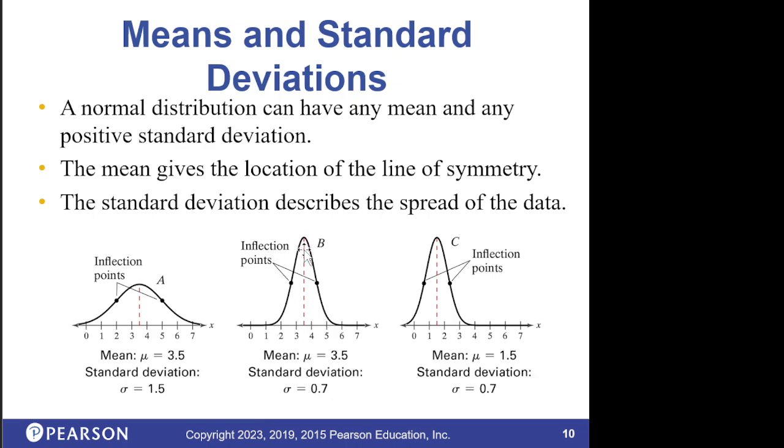So this curve narrows. It's not as wide. We can think of the standard deviation as describing the width. We talked about some of this in Chapter 2 when we did descriptive statistics. Here we have the same standard deviation as this normal distribution, but the mean is shifted over to 1.5.